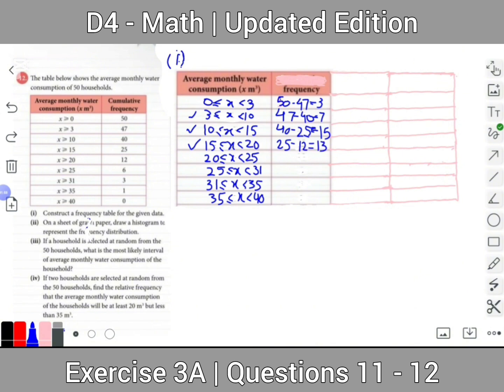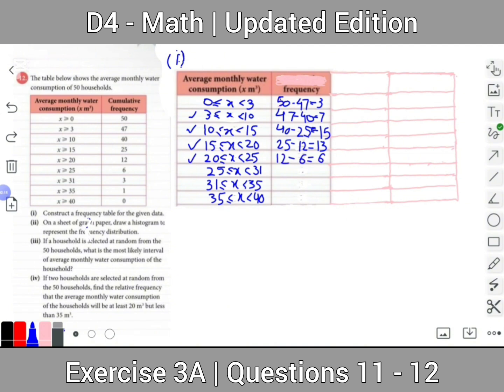Similarly, to find the frequency for the class interval 20 to 25, subtract the cumulative frequency of the next class interval 25 to 30 from that of the current class interval 20 to 25. So 12 minus 6 will give us the frequency of 6.